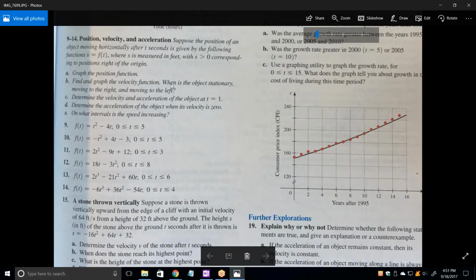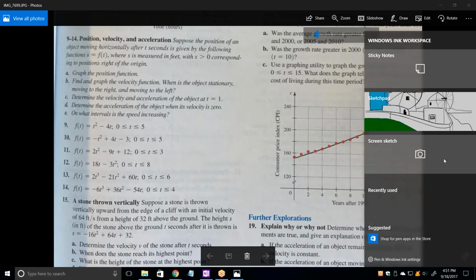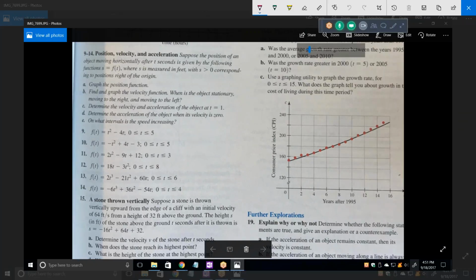Okay, 9 through 14. Okay, finally we get some math problems here with 10 minutes to go. It's okay. This is what's going to be more valuable to you, I think. Okay. This is the position function. Suppose the position of an object is given by S equals f of t, where S is measured in feet, S is greater than 0, corresponding to positions right of the origin.